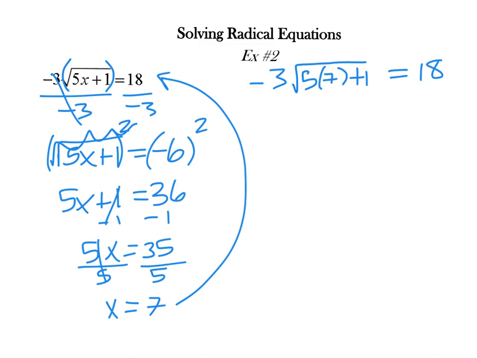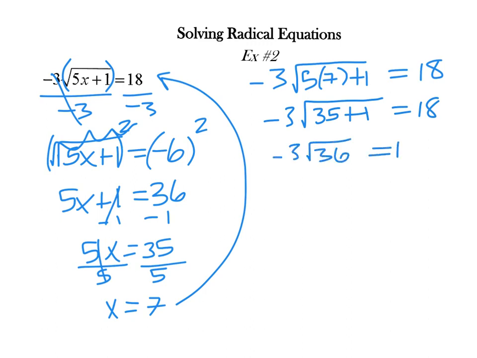We're left with negative 3 times 5 times 7, which is 35, plus 1, equals 18. Inside the square root, we still have negative 3 radical 36. Square root of 36 is 6, so we have negative 3 times 6.